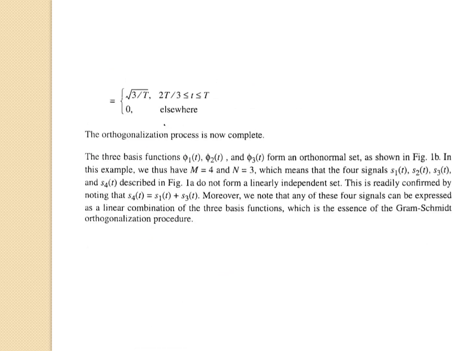Hence we get root 3 by T, which holds for 2T by 3 less than or equal to t less than or equal to T, and 0 elsewhere. So here the orthogonalization process is now complete.